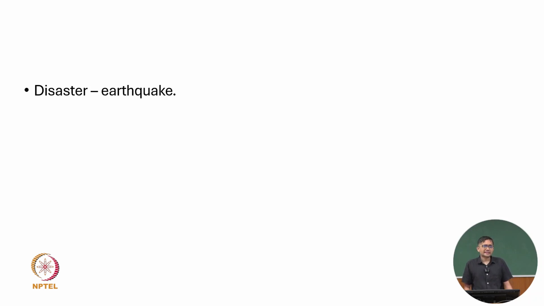Similarly, let's say a disaster like an earthquake. Then the question arises, what kind of monitoring do we want to do? Do we want to do monitoring immediately after? And for the partially destroyed buildings, multispectral images probably do not have sufficient information.